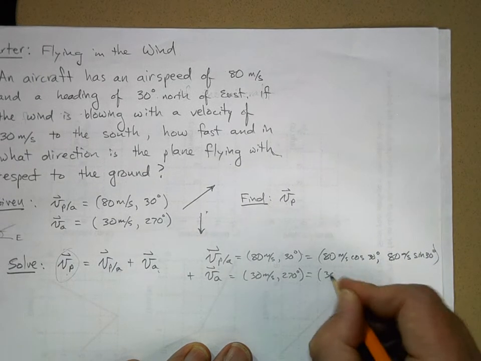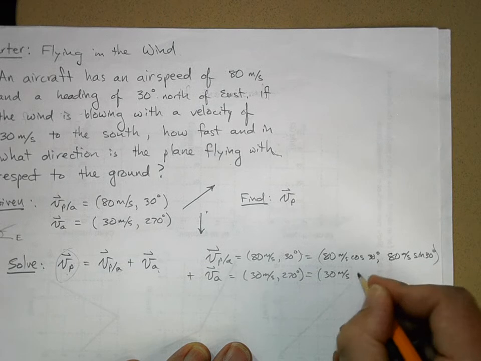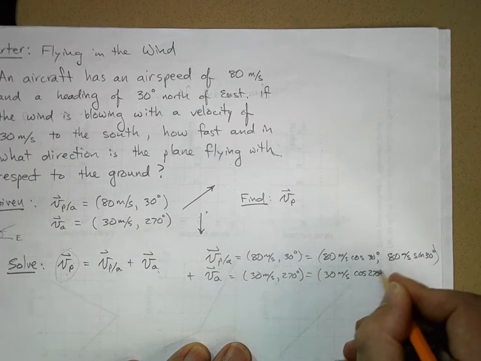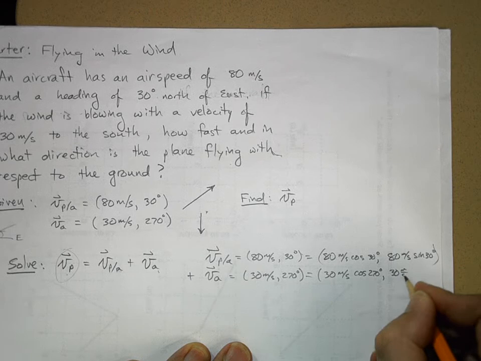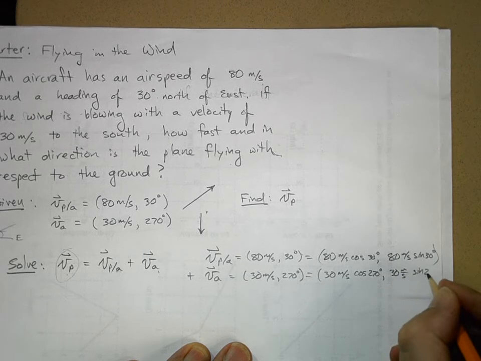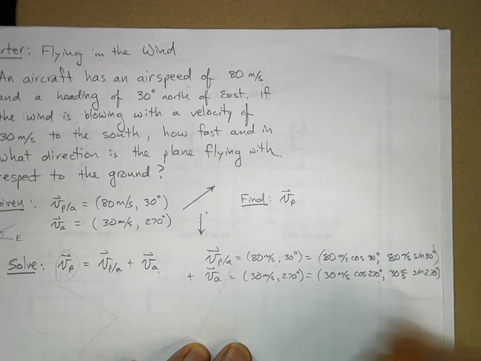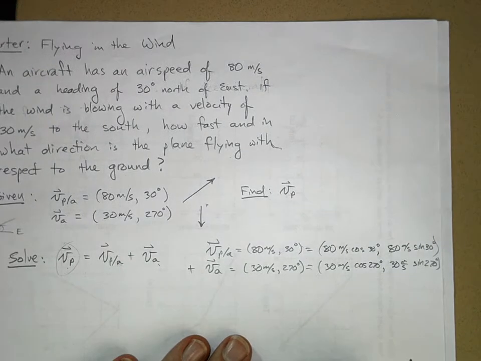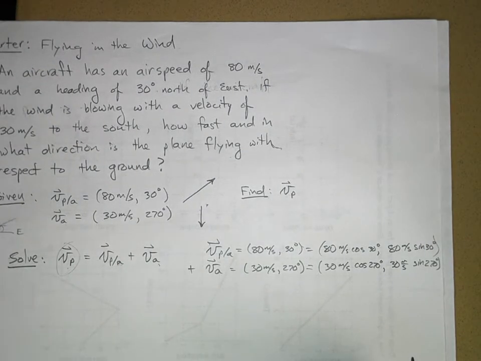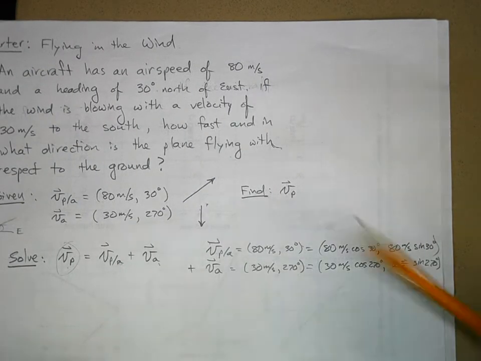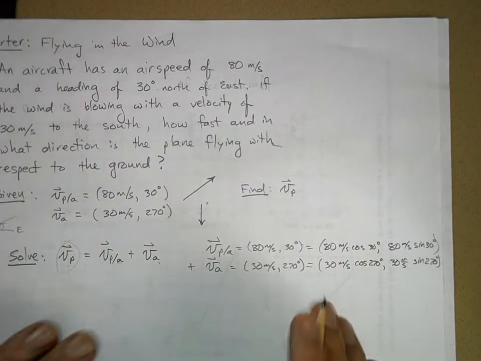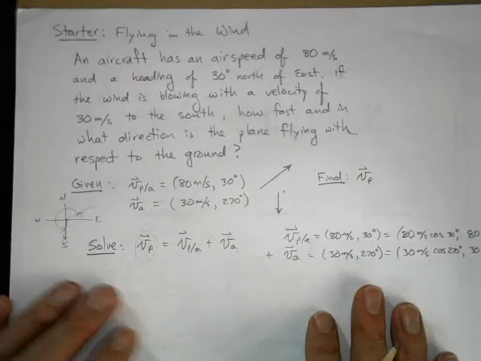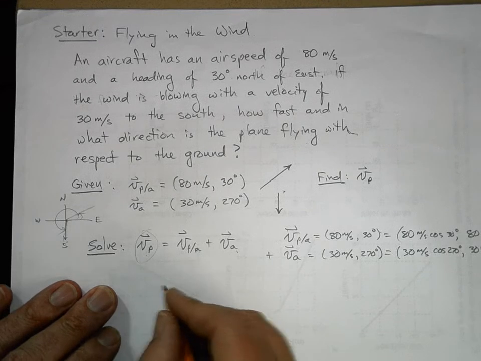Now this is a silly thing to do. 30 meters per second times the cosine of 270, 30 meters per second times the sine of 270. And the reason that's silly is that I can just look at the picture of it. I know that it has no x component. It's all in the negative y direction. But in any case, let's come back to this.